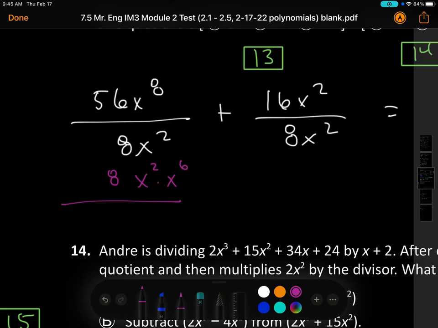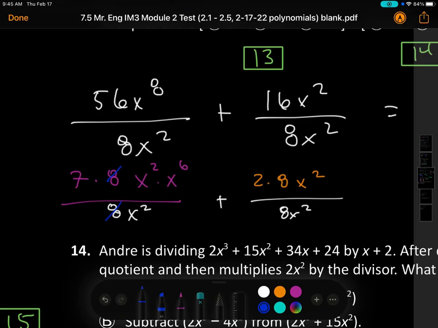Why? Because in exponents, when you're multiplying the same base, which is x, you add the exponents. So that would be 2 plus 6, which would give you the 8 above. I have my 8x squared. Do the same thing over here. 16, so that would be 2 times 8, and I have my x squared. So 8 divided by 8 is 1.